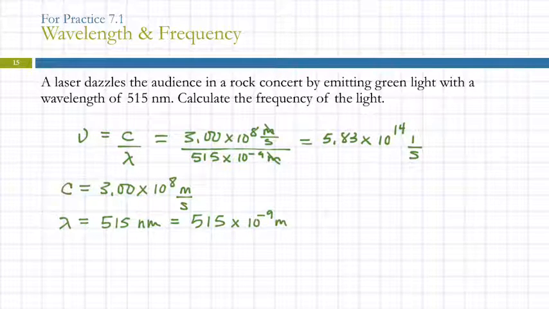Anybody else get that? We could also say that that is 5.83 times 10 to the 14th hertz. Hertz is abbreviated Hz. It's a unit of frequency. It's not the rental car company. Any questions?